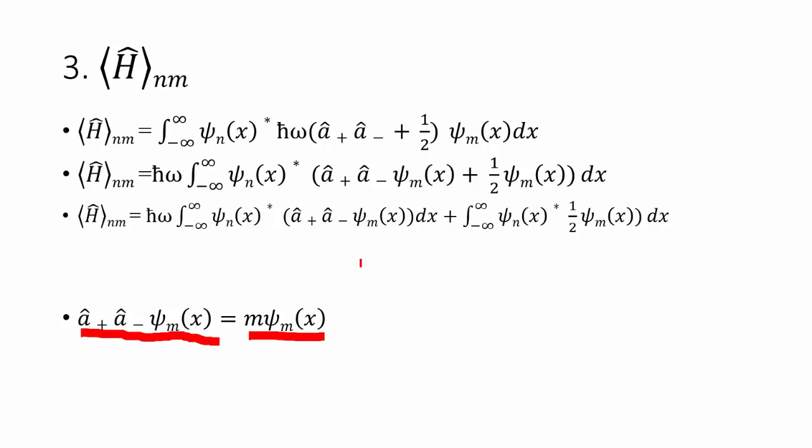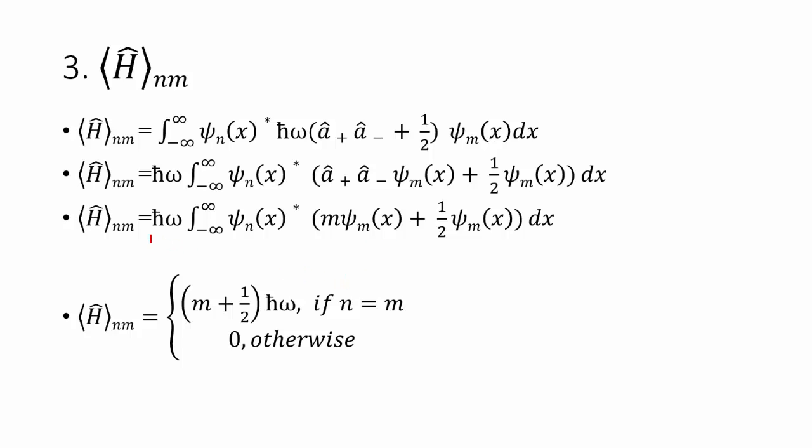We'll simply substitute that in place of a+ times a− operating on ψ_n, and we have h bar times ω times the two integrals. So notice if m equals n here, the whole integral will be evaluated to 1, and we have the final answer being h bar times ω times (n + 1/2).